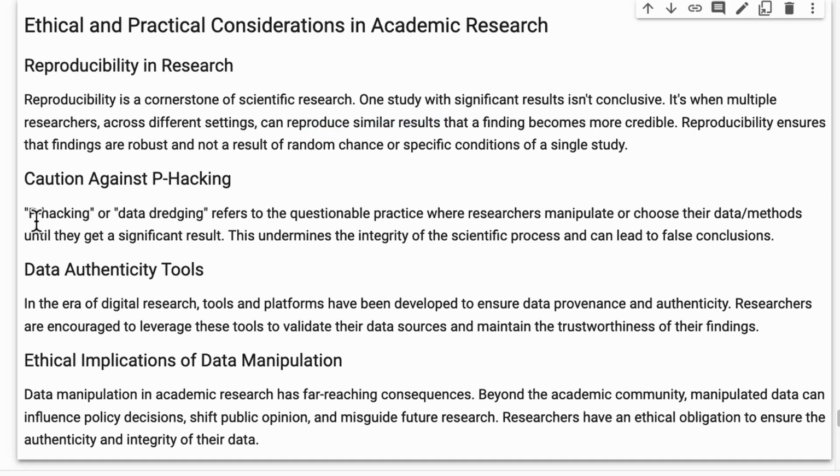There is what is called p-hacking and data dredging. That is, if you manipulate the data to try to get a good p-value, this will undermine the integrity of the scientific process and can lead to false conclusions.